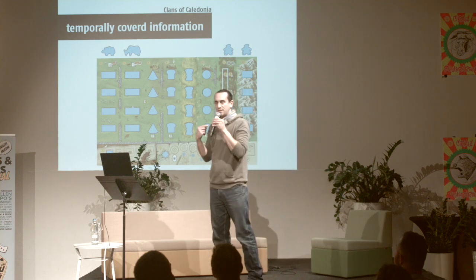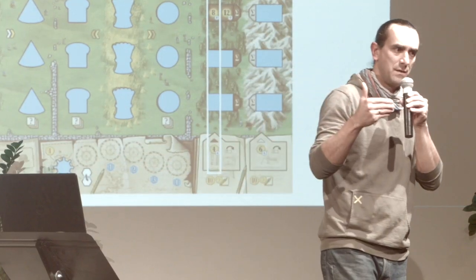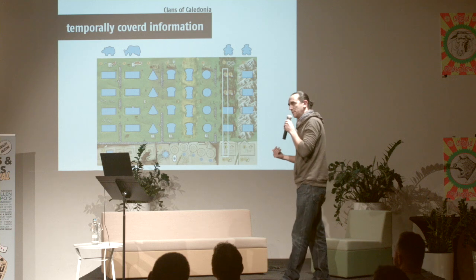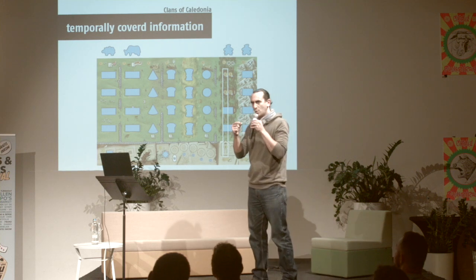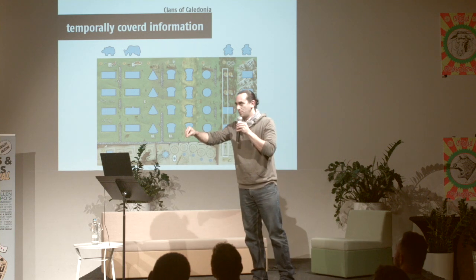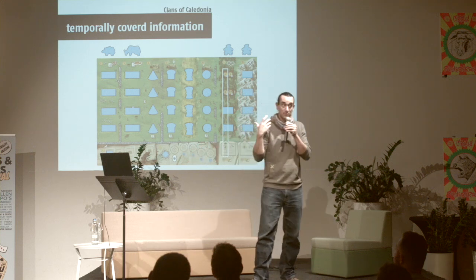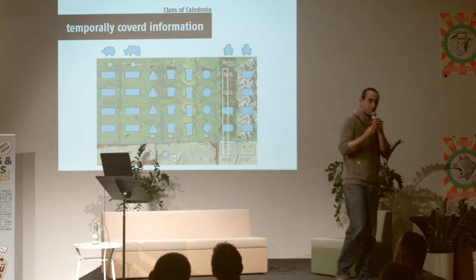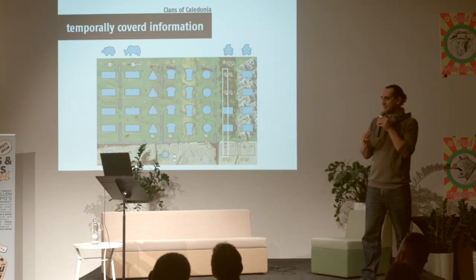The idea behind it is that at the beginning of the game, you have your player tableau, and you put all the pieces you have on a defined spot. They cover information you do not need at the moment, information that you need exactly in the moment when you take the piece and put it on the game board. And it's absolutely brilliant because it's simple and it feels natural.